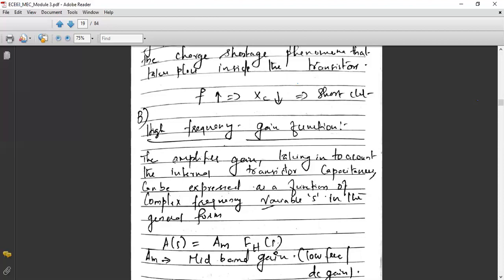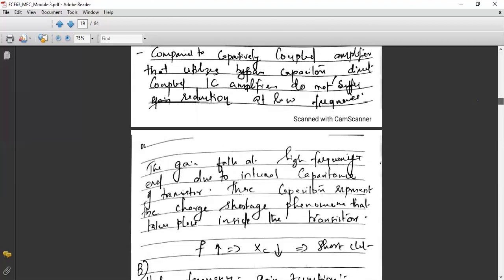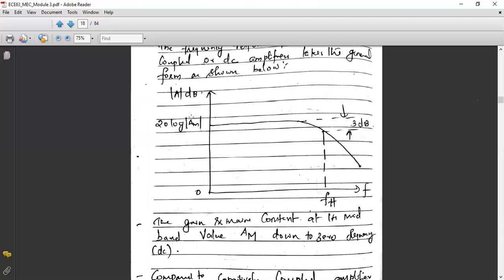Till the cutoff frequency, you have a constant gain, that is AM. I will annotate and tell you. This is the region of the low frequency band.